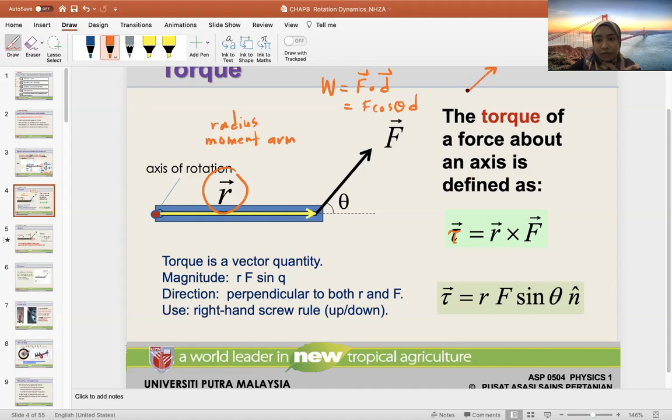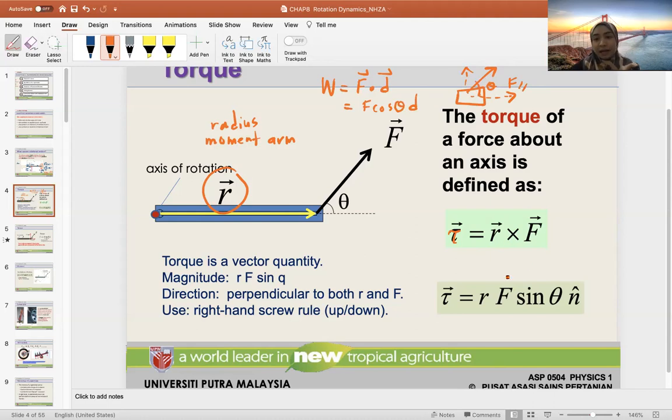We have a force, we want to push the object. The only force that matters for work done is the parallel force. Ingat lagi tak? Ingat dah?